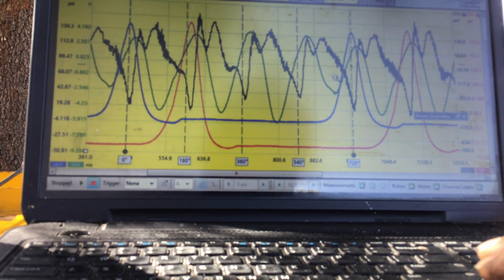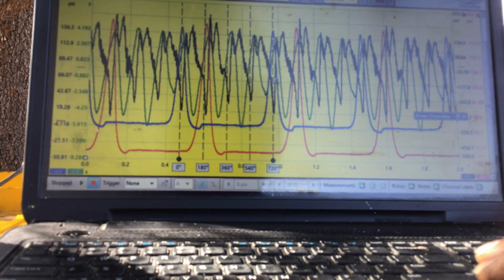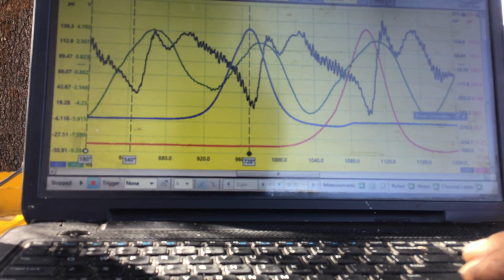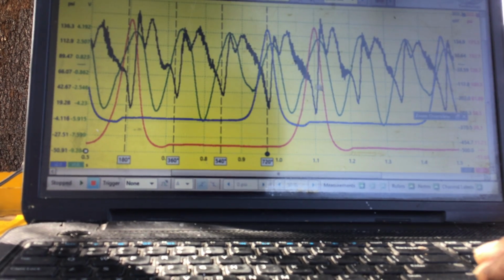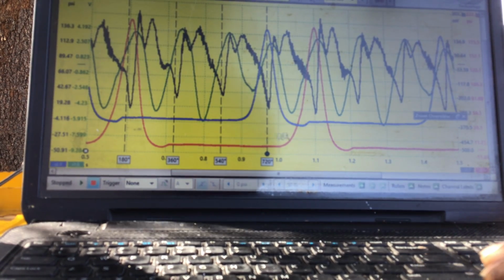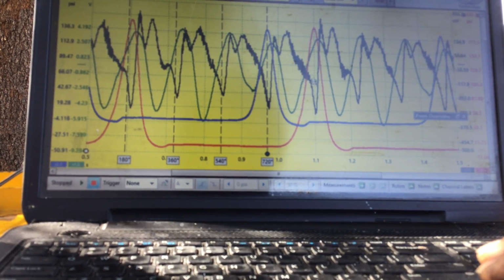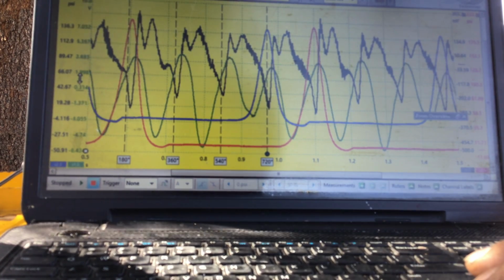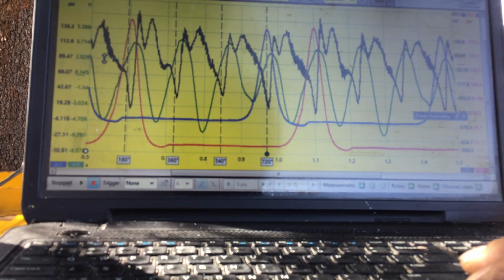Our good cylinder is about 191, right? Look at our vacuum pull. Look at our anomalies. Basically, let's look at green. Green is definitely an anomaly, okay?